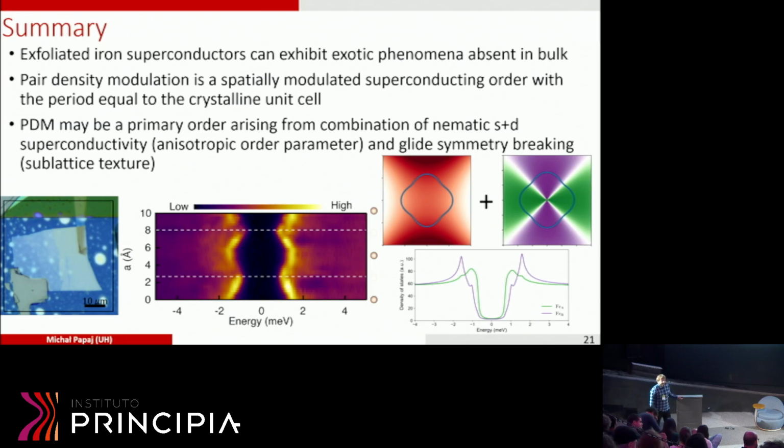Yeah, very nice. I have a question. You pointed out that in order to figure out if it's primary or secondary, you want to look for the same kind of modulation above Tc or in the energies away from the gap. Couldn't you look for, because if you're looking at the selenium lattice, the irons are sitting in between, right?